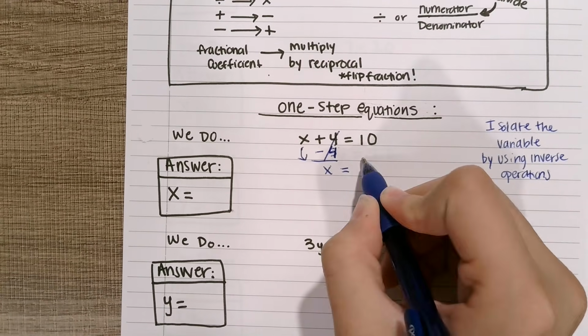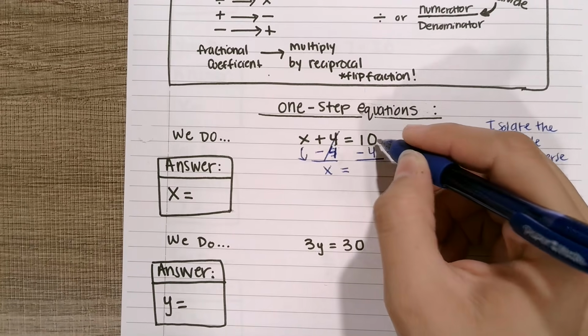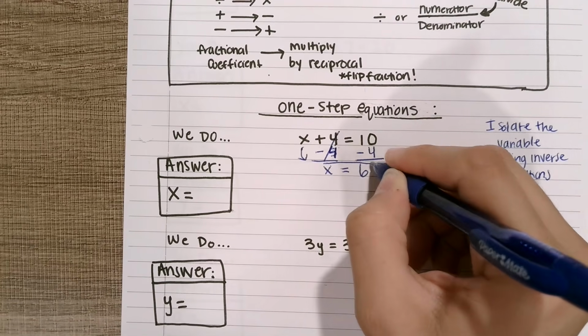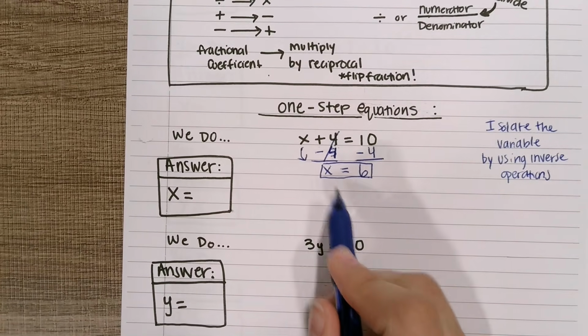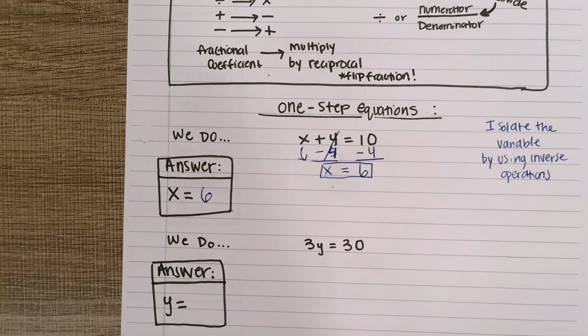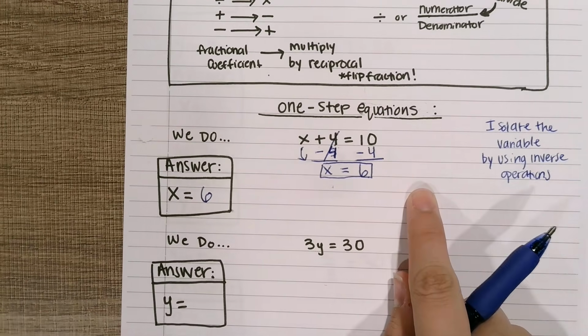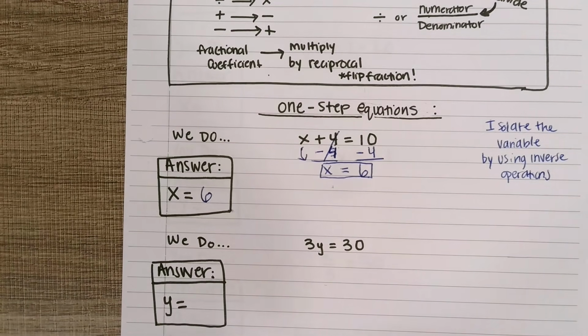And whatever I do to one side, I do to the other. So minus 4. And 10 minus 4 is 6. So my answer is that x equals 6. If you need to pause the video to finish writing this down, go ahead and pause, and then we'll continue.